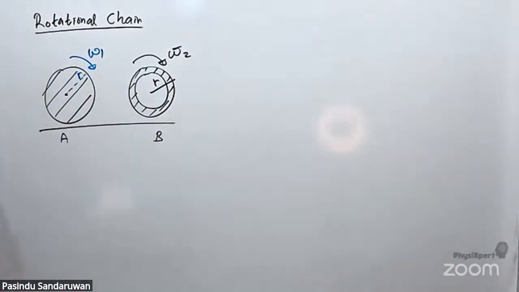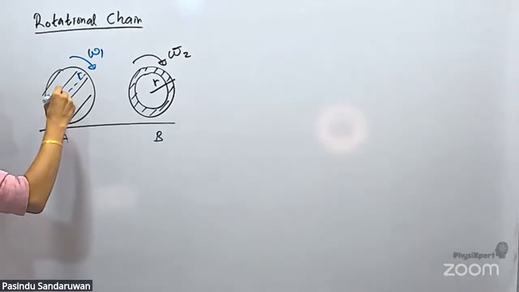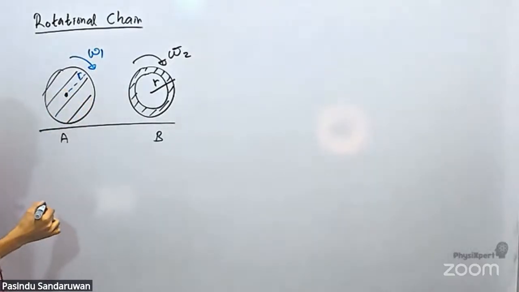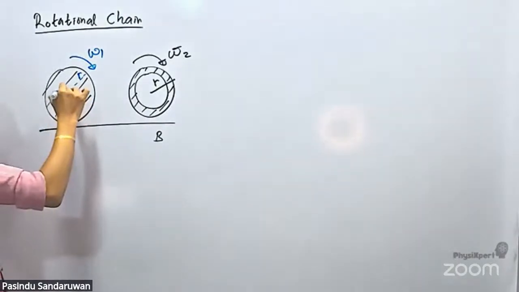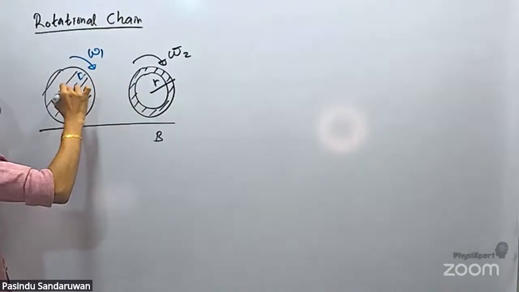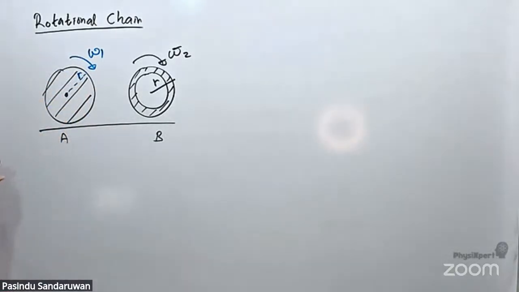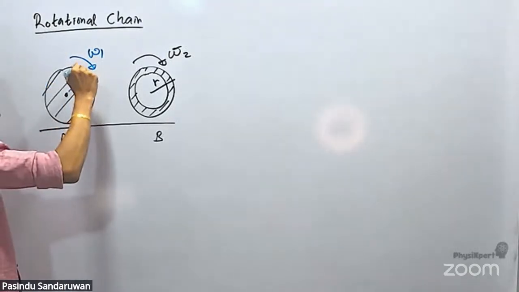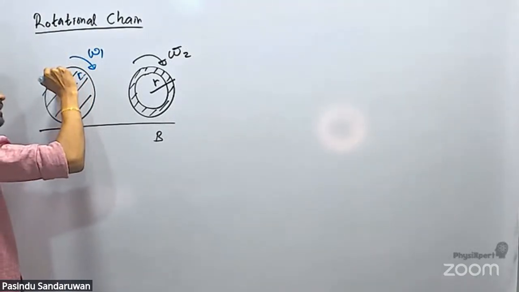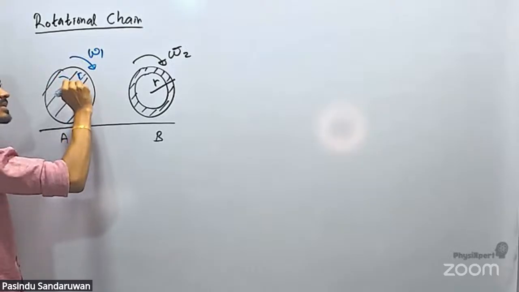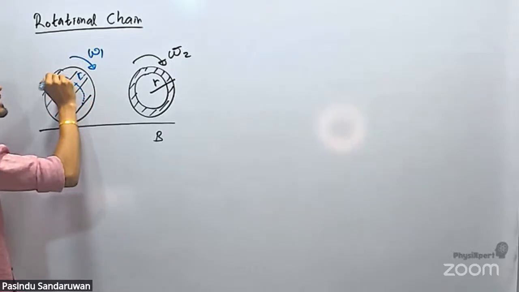Again, you have to check the mass distribution. This is the point of rotation. From this point, the mass is distributed from here to here, so the center of mass distribution is somewhere around the middle of this.